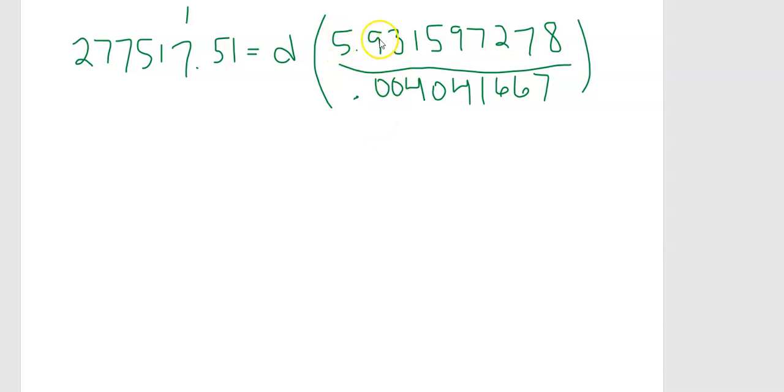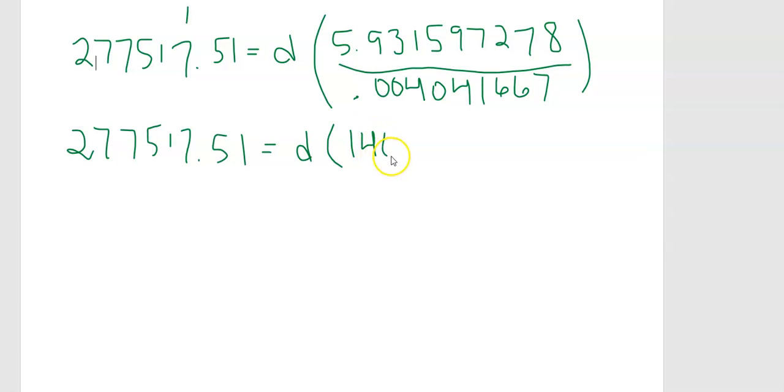And then our second to last step, let's divide this stuff out with our D. And that is going to end up giving us 1467.611577.